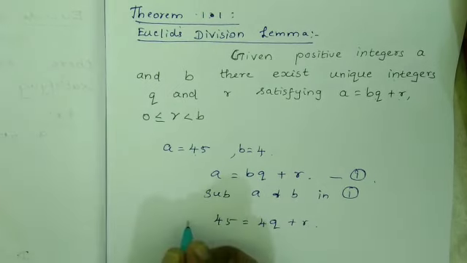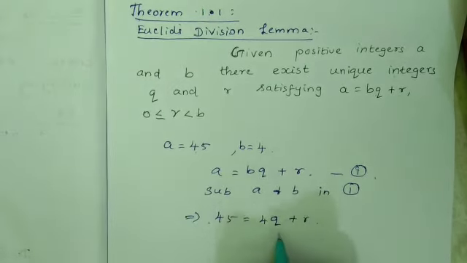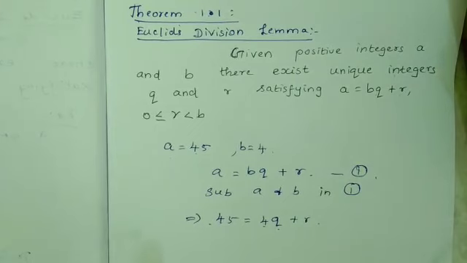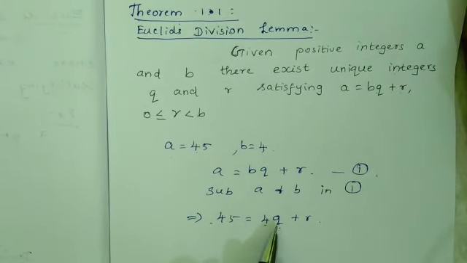Now we have to find the values of q and r in this equation. In order to find them, see here that q is in product with the integer 4, that is, q is some multiple of 4.